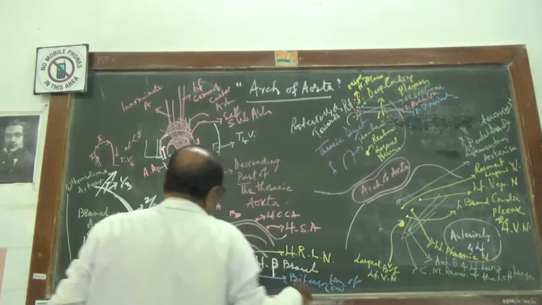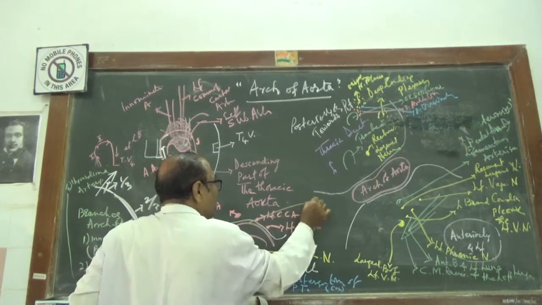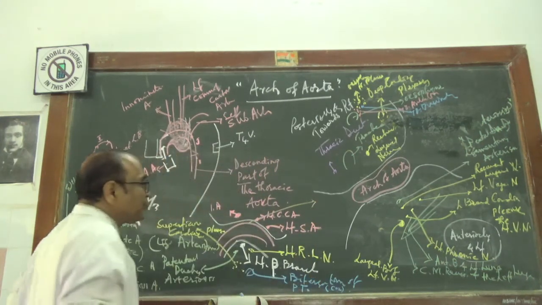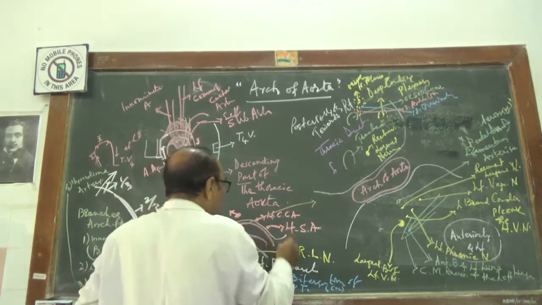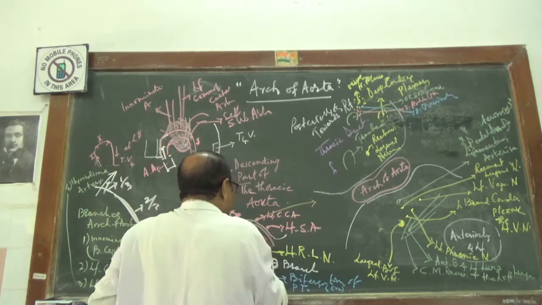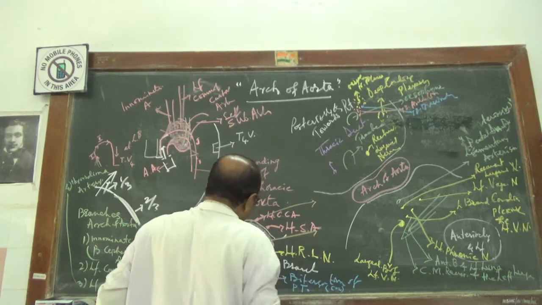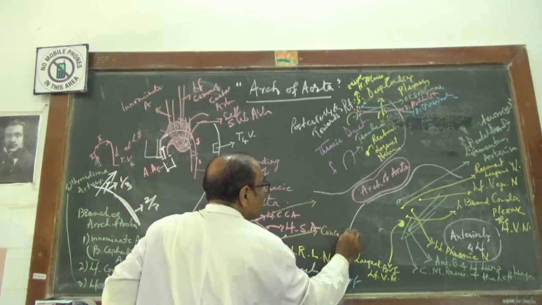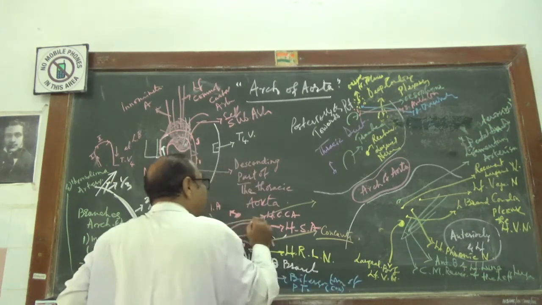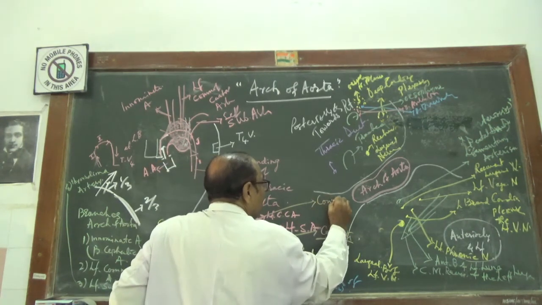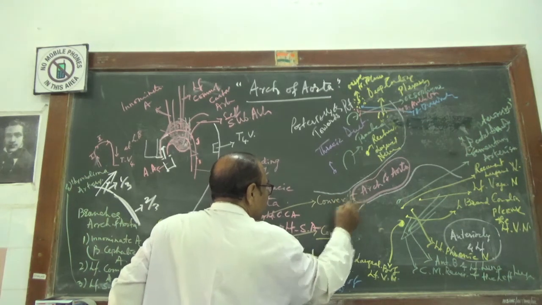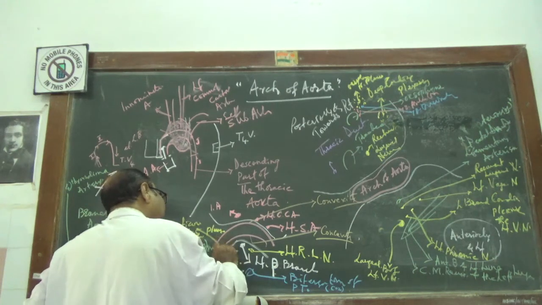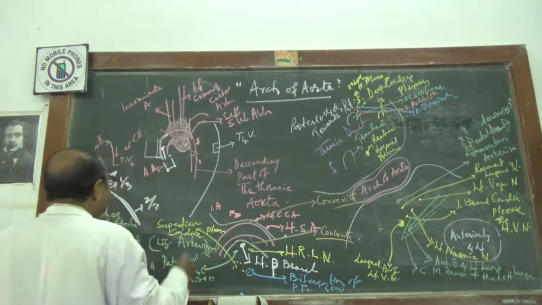Now this arch of aorta has two concavities, or rather one concavity downward and an upper convexity. Then there is one more convexity at the right part, at the beginning.